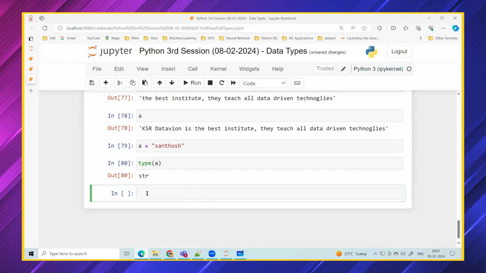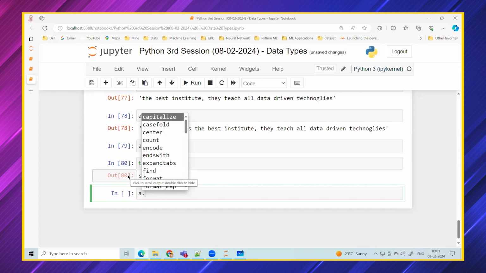But the thing I really wanted to appreciate about Python developers is, if I simply write A, then dot, and press the tab, I will get all the functions they've already defined for the string. A is a string now, so I can get results for all of these.